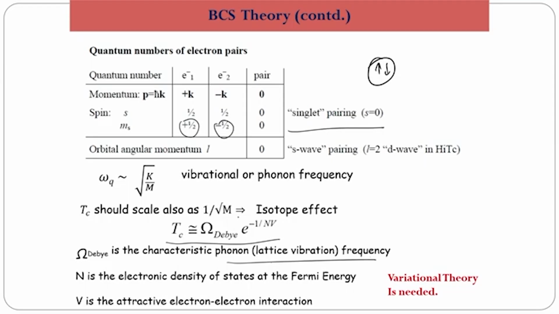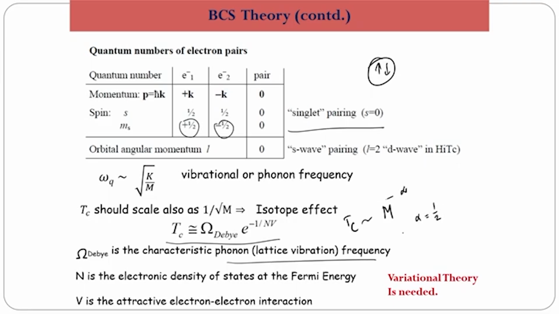So there is an involvement of phonons there, and we have also said that Tc actually goes as m to the power minus alpha, where m is the isotope mass. So if you take two isotopes whose masses differ by a small amount, and calculate the Tc, Tc goes as m to the power minus alpha, and for these superconductors alpha equals half.